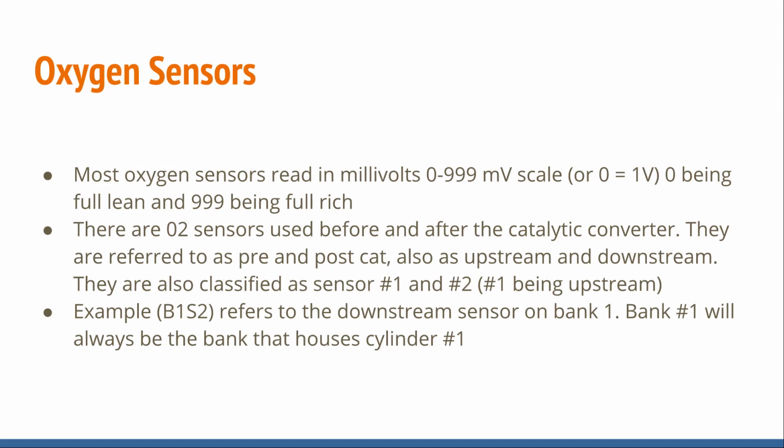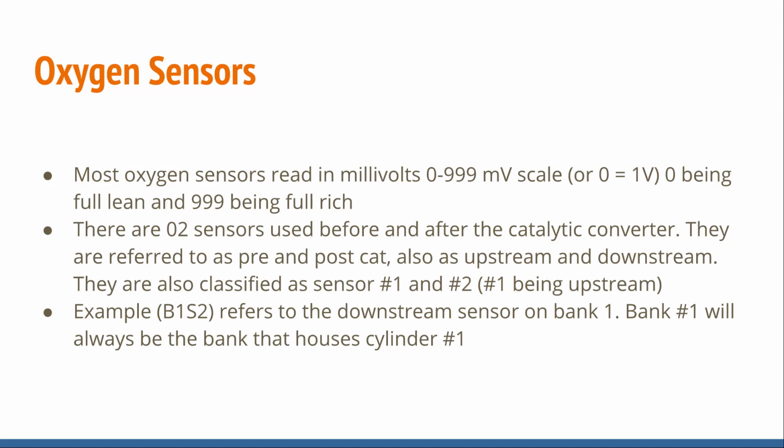It's going to say, for example, on your GM 5.3 liter engine, cylinder 1 is on the driver's side front, or the left hand front. And you're going to say, okay, so that's cylinder 1.